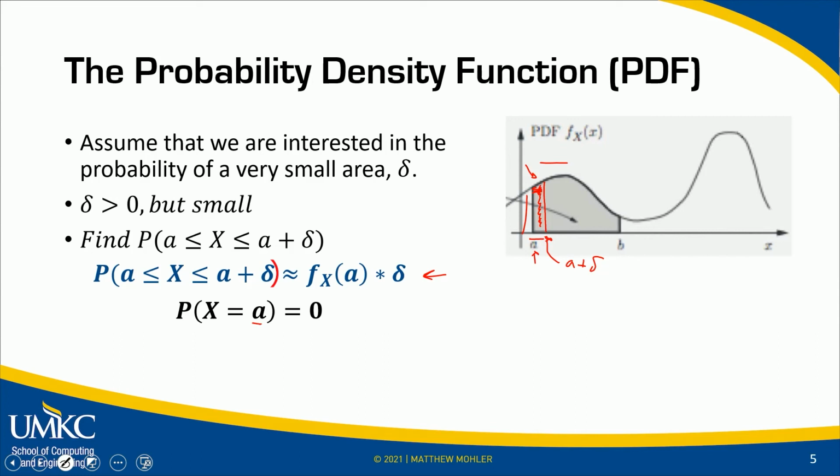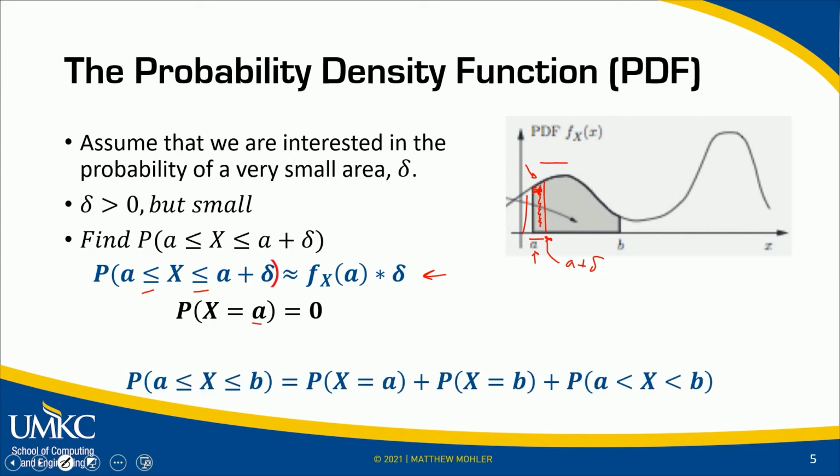Now, what this does for us is we can actually extend this a little bit and ultimately say, in this equation we have less than or equal to in two different places, and we can actually eliminate that. Because what we said is the probability that x is equal to any specific value, whatever A is, is equal to 0.